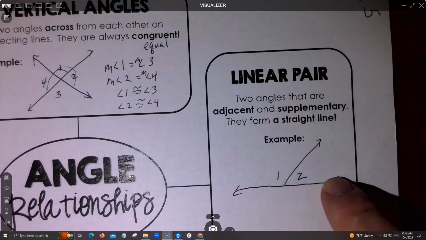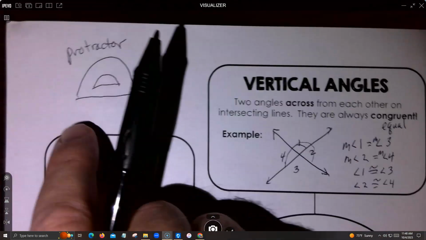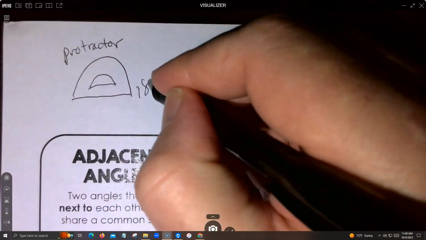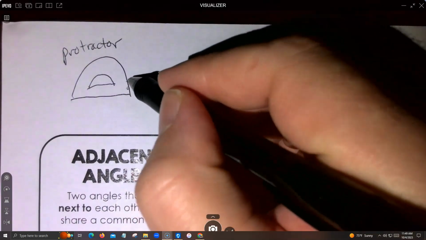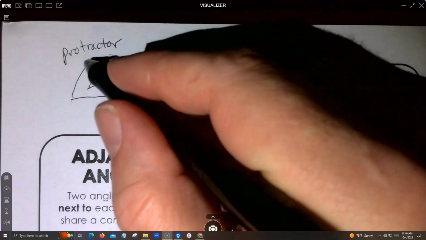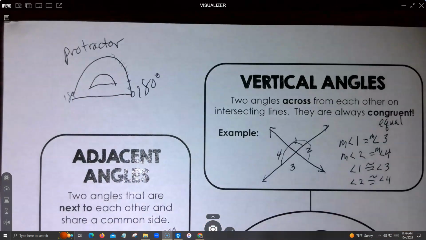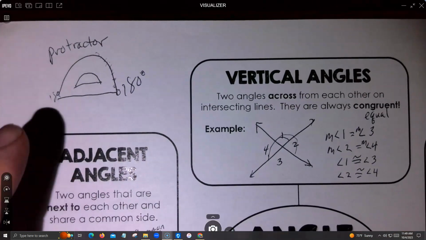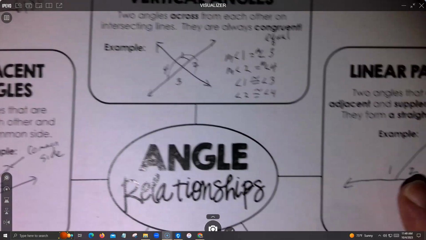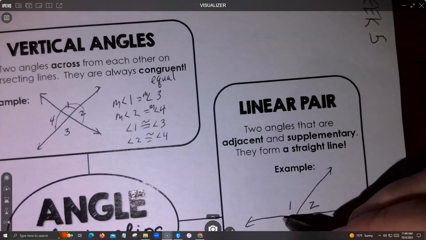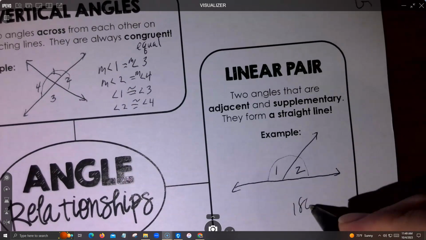If you were to lay a protractor down here, remember that little gadget I was talking about, this is 180 degrees. On a protractor the degree marks go from 0 all the way to 180 because it's half a circle. Half a circle is 180. Remember, a whole circle is 360. So there's 180 degrees in a protractor, and if you laid it down on these angles, that would be 180 degrees.